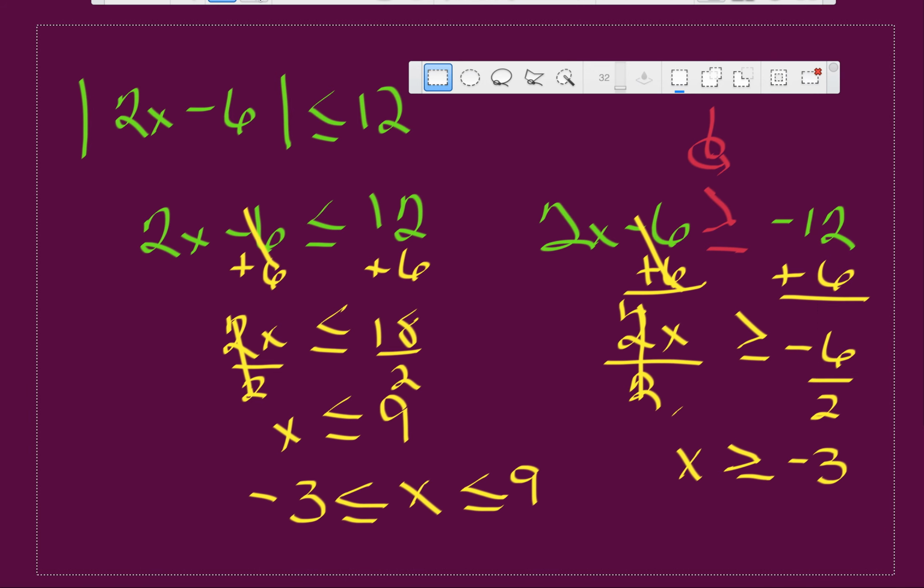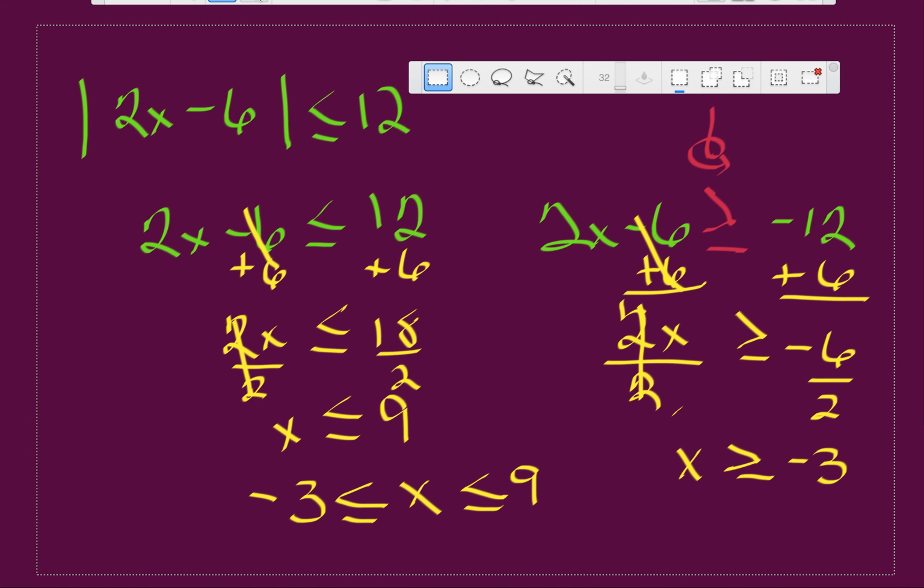Identify the graph of the following. Here's our graph, right? Here's our graph. Here's our inequality. 9 is greater than 3 plus 2x. All right? We got to get rid of this 3. We're going to show the opposite of 3.